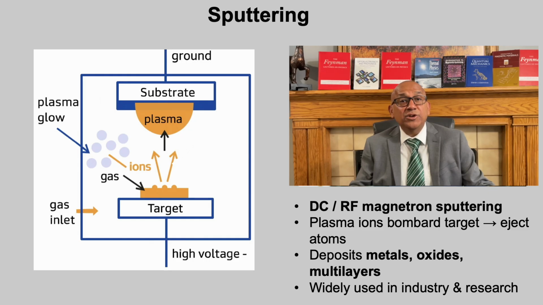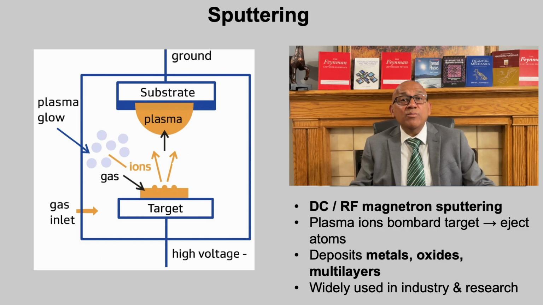DC sputtering is typically used for conductive targets like metals, while RF sputtering allows deposition from insulating targets such as oxides. A further improvement is magnetron sputtering, which uses magnetic fields to trap electrons near the target surface, increasing plasma density and improving deposition rate.